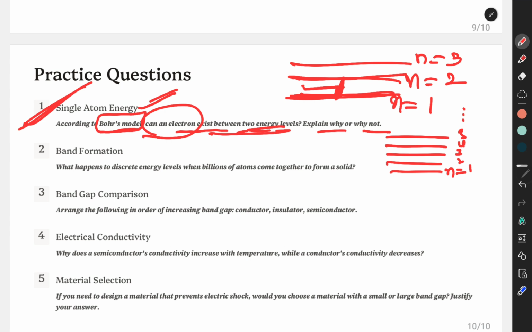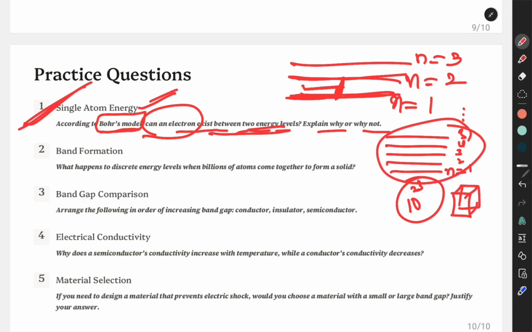What happens to these levels when there are not 2 or 3 atoms, but billions of atoms, say on the order of 10 to the power 23 atoms in a solid? What happens to these discrete energy levels when billions of atoms come together to form a solid? What happens?